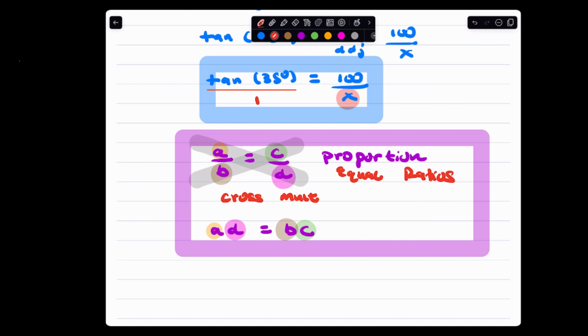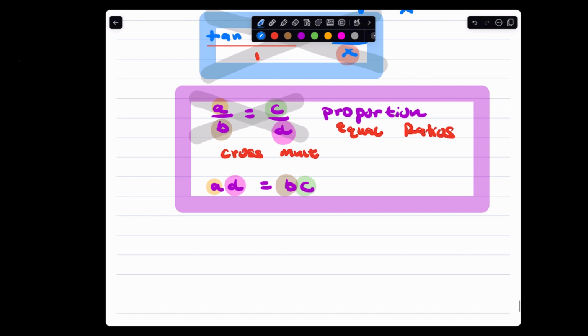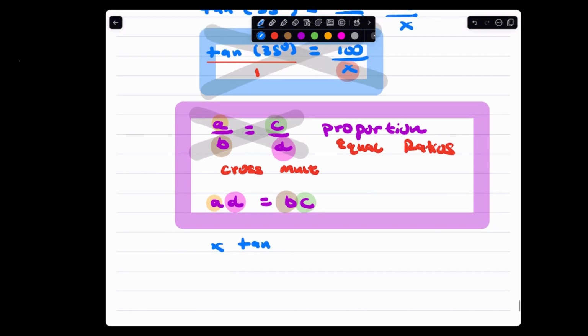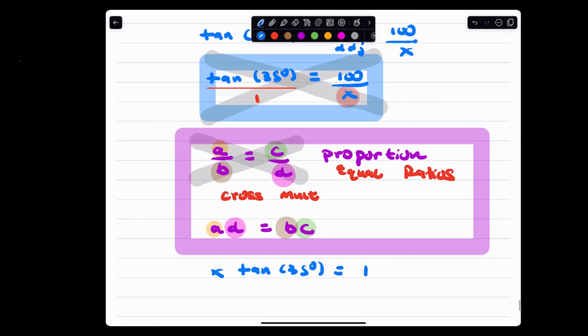Now, by cross multiplication here, what do you think this gives us? Do you guys want to tell me? What does that give us here? That gives us what? X times tangent of 35 degrees. Is that true? Will equal 1 times what? 100. Does everybody agree with the cross multiplication with that equal ratio? Do you guys agree with that?